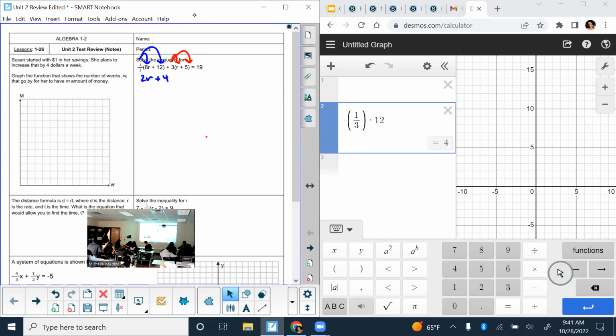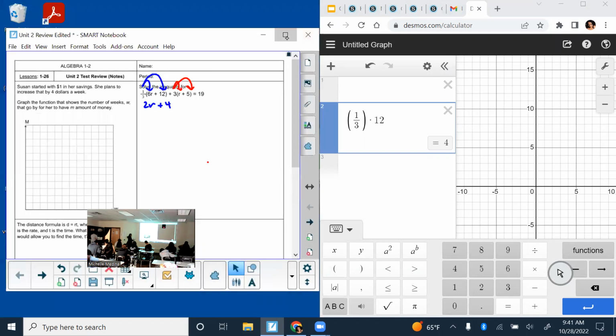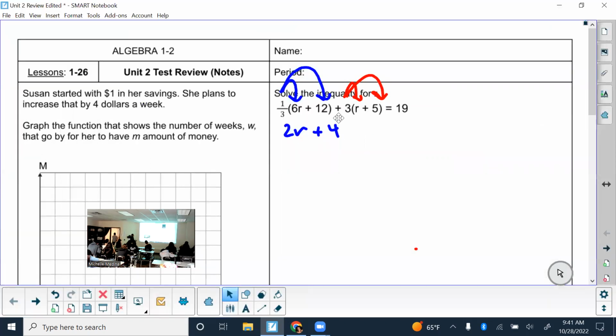Don't see the fraction and then just give up. Use your calculator, you all have access to that. All right, but then you keep going. What's 3 times R? Good. And 3 times 5. 15. And then bring down that equals 19.